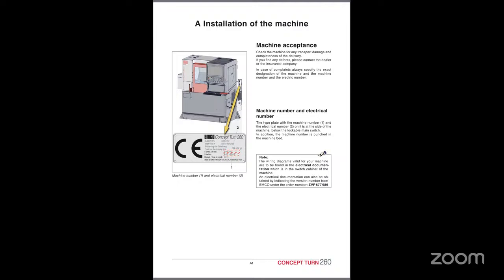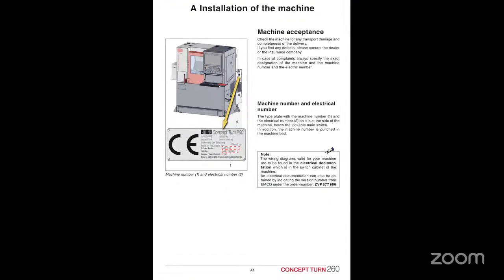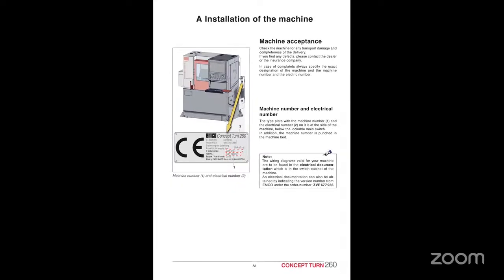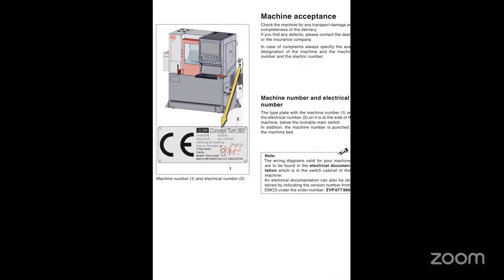So the machine number, every machine there is a unique number. So here, this one. From here, we can see the machine serial number and electrical number.